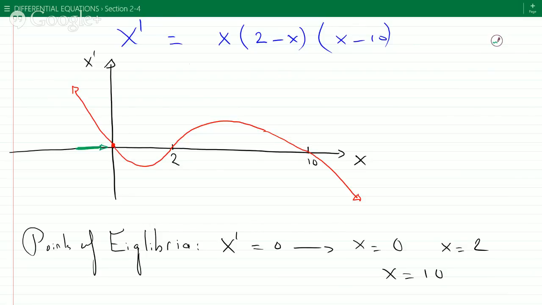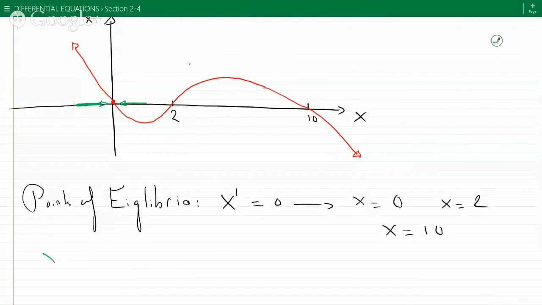To the right of 0, it's also towards it. So that makes x equals 0 a stable equilibrium point.